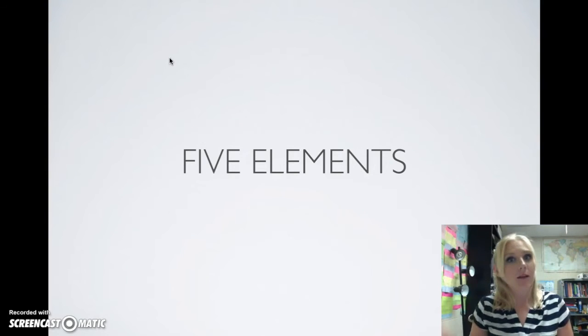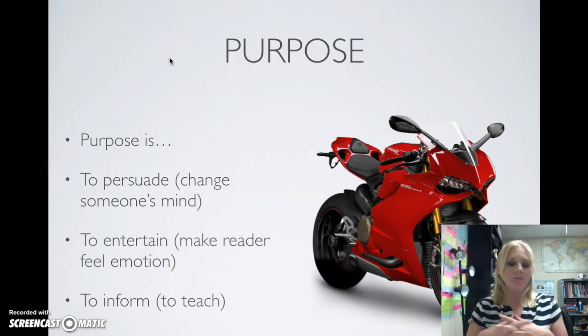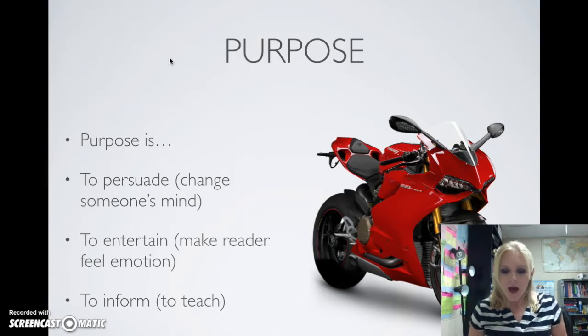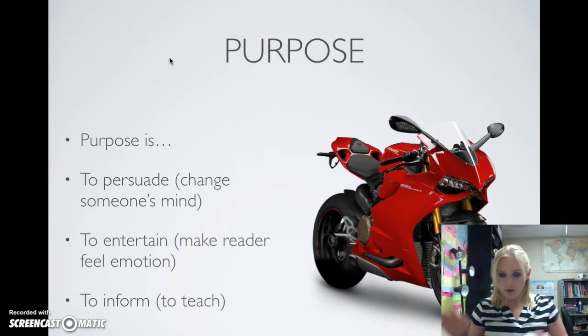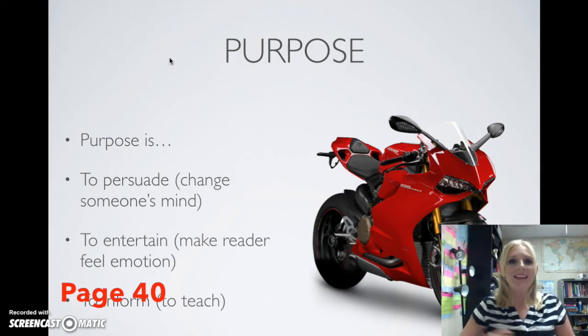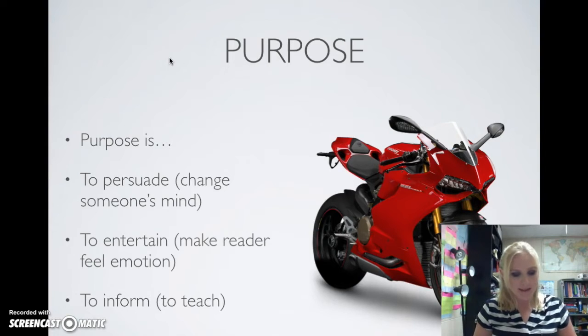So let's go ahead and get started with the first of our 5 elements, which is purpose. Now remember, we talked about purpose is all about why you are writing. If you look in your textbook, which is what I'm doing right now, on page 40 is a copy of the book's definition for purpose.